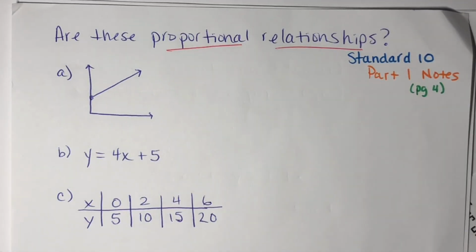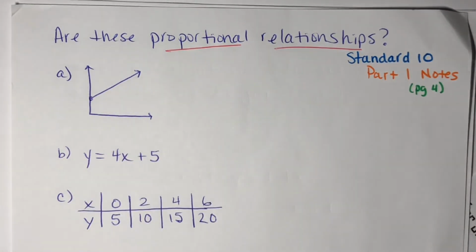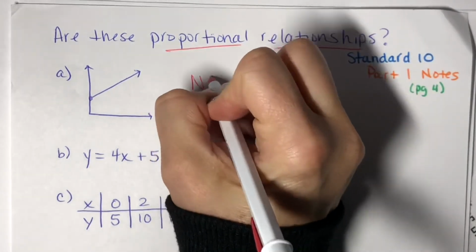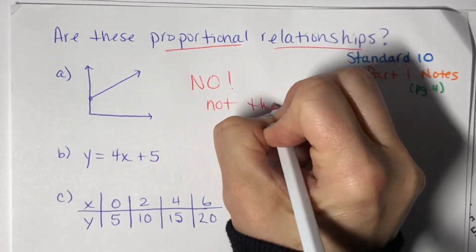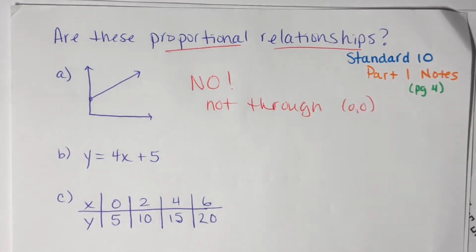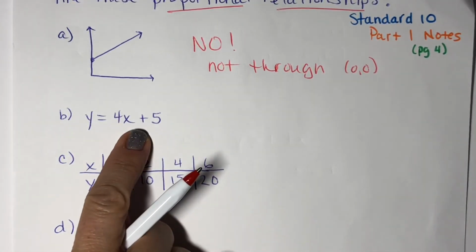So let's take a look at this. Is this a proportional relationship? Is it a straight line through the origin? No. So for this one, you're going to say, nope, not a proportional relationship. Why? Because it doesn't contain the point 0, 0. Automatically disqualifies it, okay?